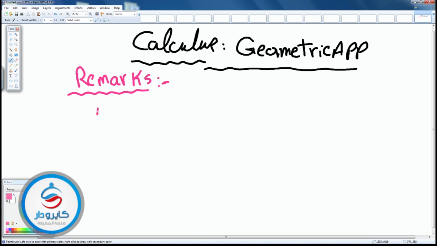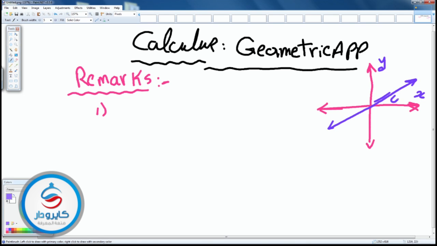Firstly, number one, if we have the xy coordinate like this, this is x and this is y, and we have a straight line like that, this is angle theta. So what is the angle theta?